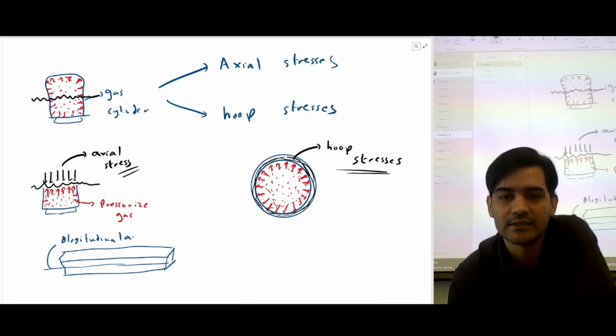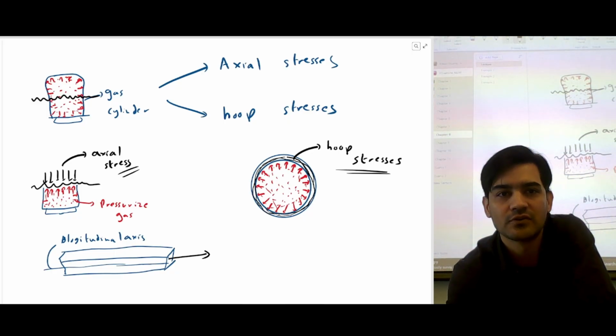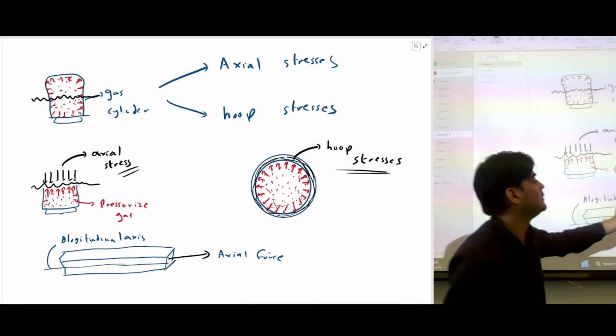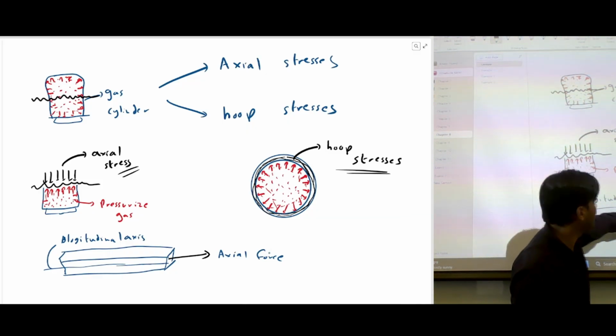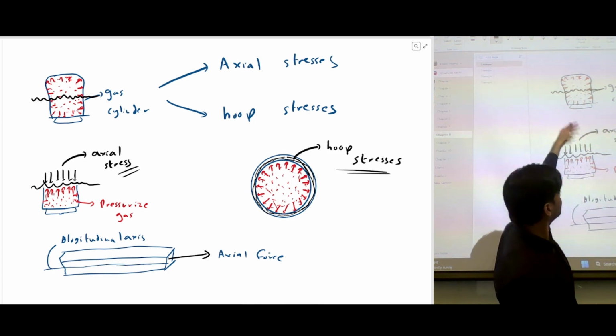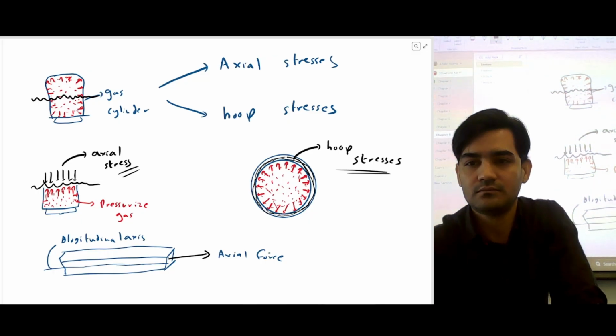So along the longitudinal axis, whenever you have a force, this force is called axial force. Sometimes it's also a normal force because this is perpendicular to the cross section, but the idea is the same. These are those axial forces and axial stresses.